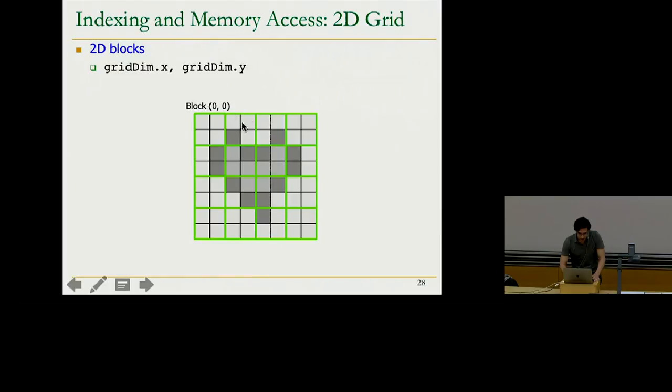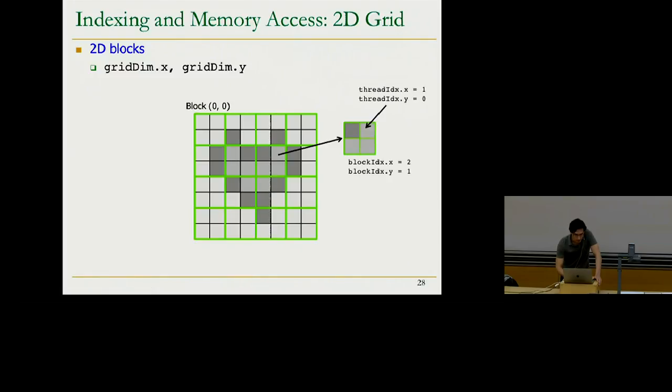And now this one is going to have two indices, block index X and block index Y. So for example, this tile here is assigned to the thread block with X equal to 1, Y equal to 1. And in the same way, we have two IDs for the thread. In this case, the one there has thread index X equal 1, thread index Y equal 0.